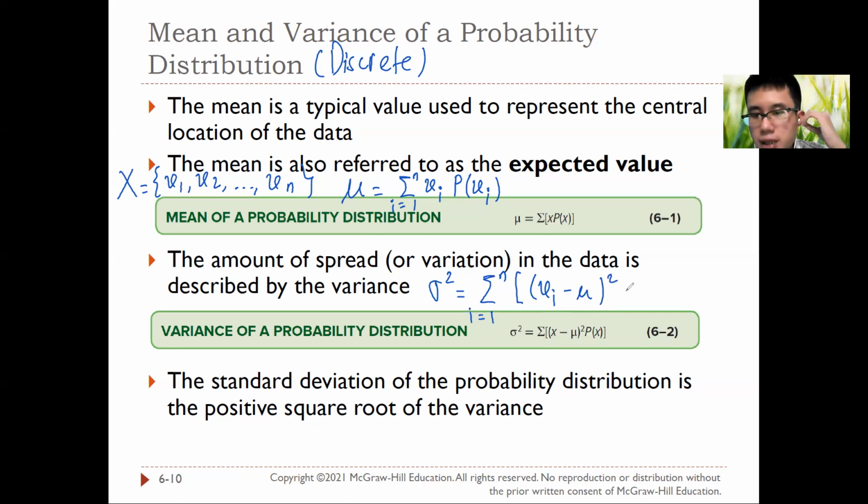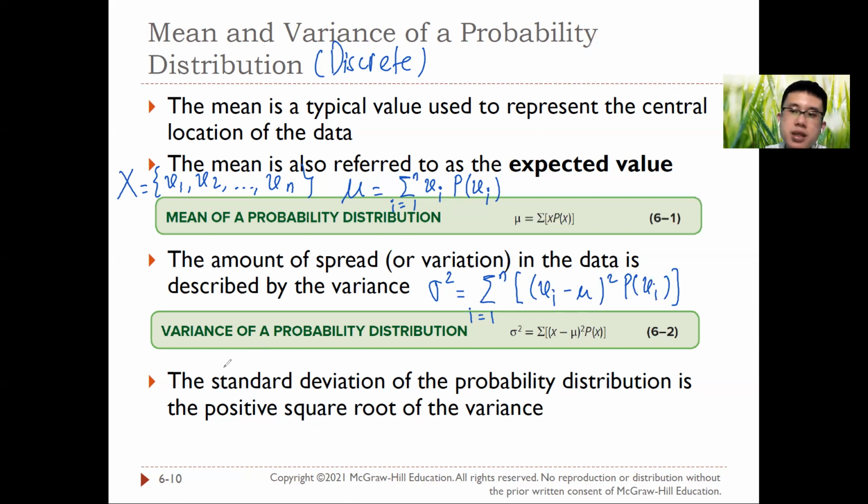We square them and then multiply with the probability of x_i, like this. This is the variance of the probability distribution. As you can see, it's more complicated than the mean, and we need the value of the mean before we determine the variance. And the third is the standard deviation.